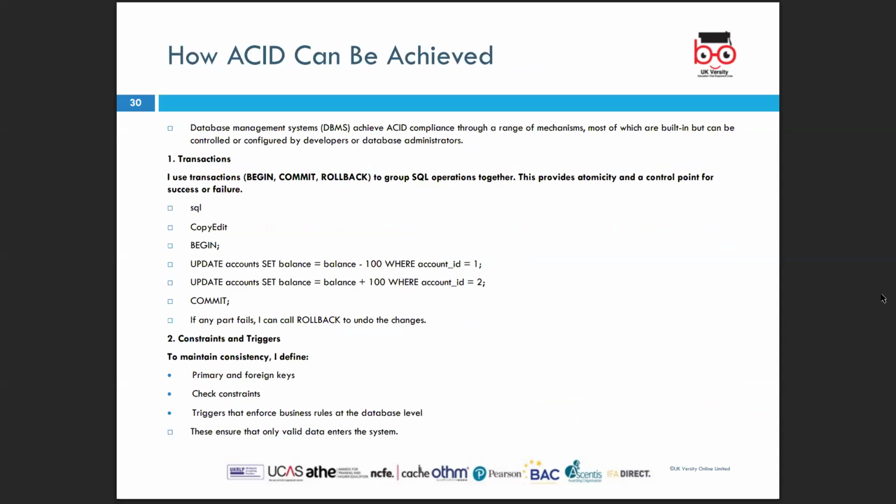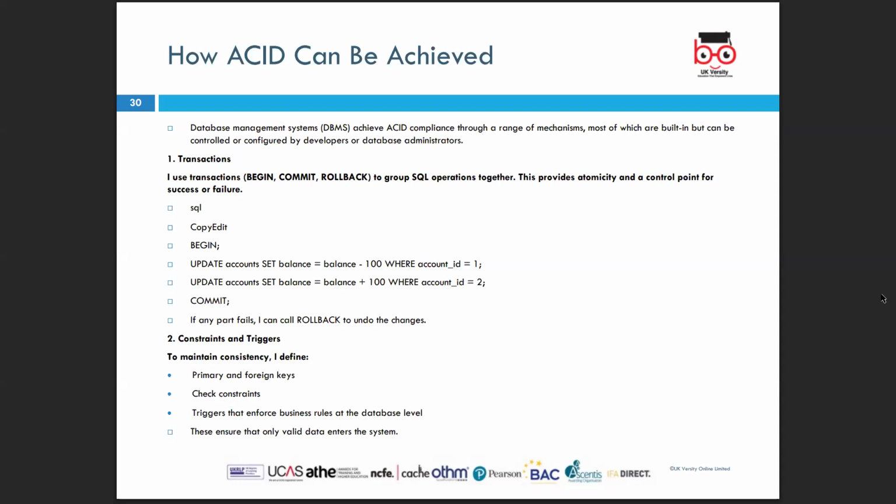So how can we achieve this? With our DBMS, we can achieve ACID compliance through a range of mechanisms, most of which are built-in, but this can be controlled or configured by developers or database administrators.